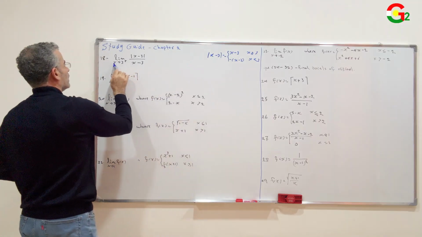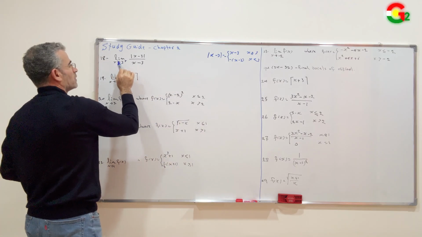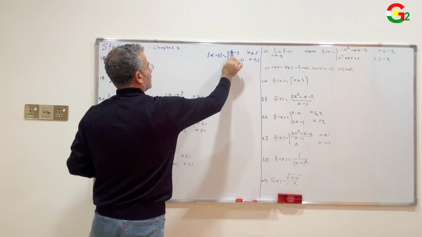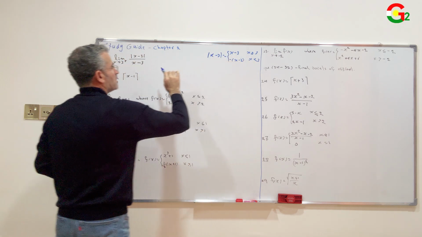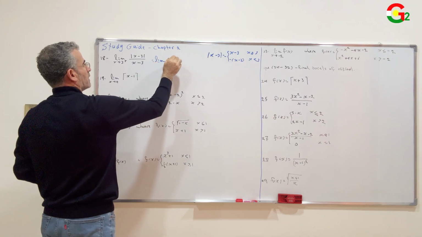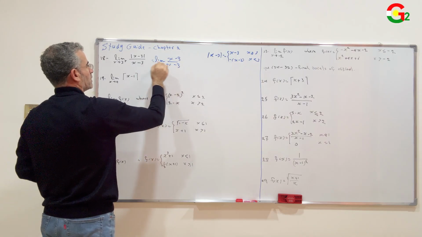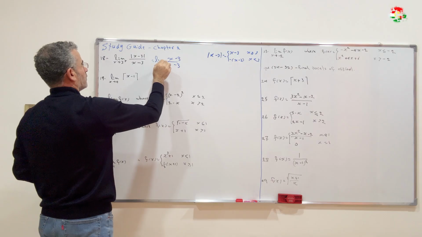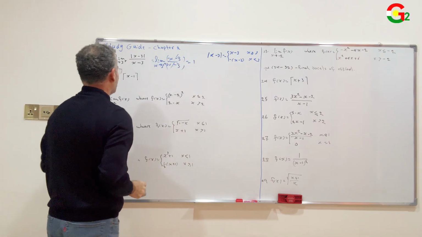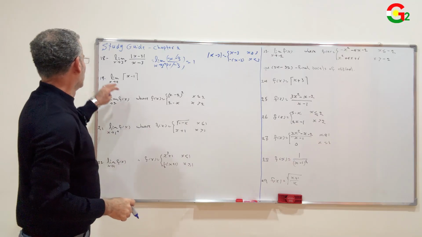Since x approaches 3 from the right, x is greater than 3, so I substitute the absolute value with x minus 3, giving x minus 3 over x minus 3. Reducing, the answer is 1.